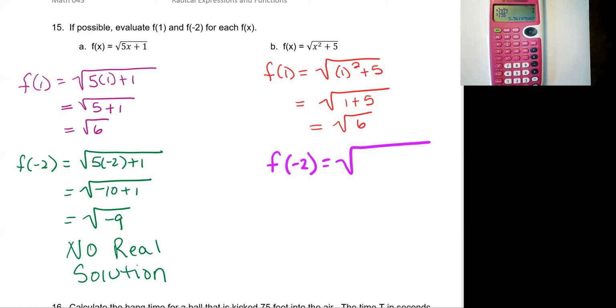Again, when you're substituting in a number for a variable with an exponent, you need to use parentheses. So we have the square root of 9, and the square root of 9 is 3.